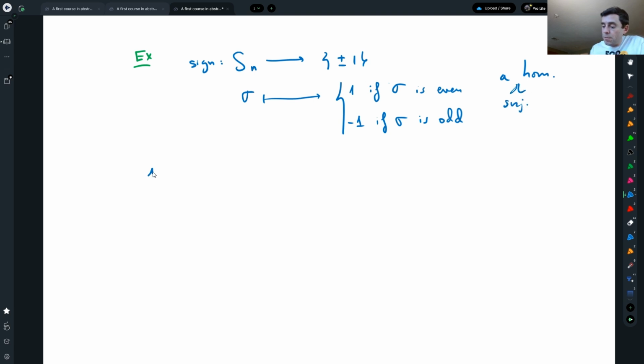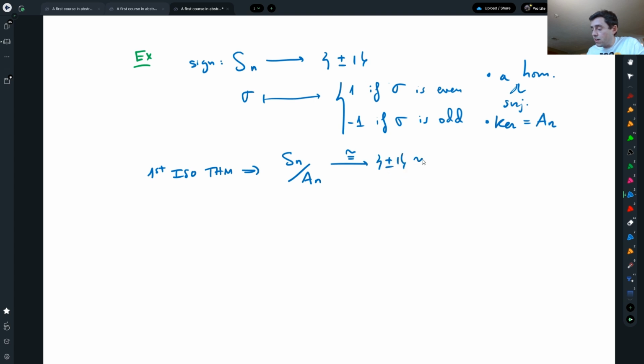The kernel, by the way, is the alternating group. So the first isomorphism theorem tells me that Sn modulo An is isomorphic to plus or minus 1, which is just Z modulo 2, via the map that sends any coset to the sign of the generator.